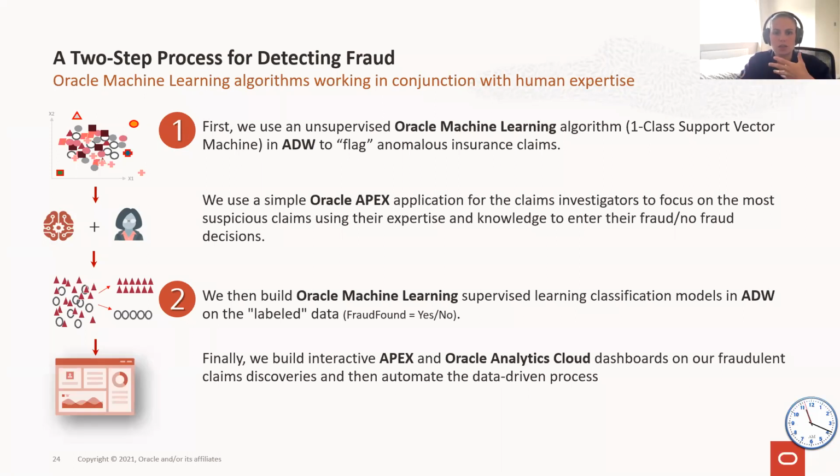And then finally, we can go either back to Apex or into Oracle Analytics Cloud to look at them through dashboards and look at how many were fraudulent, how many we predicted were fraudulent, and we can tell the business, or the wider business, the actual story. So instead of just keeping it in that little database, you can go and tell the world what you found.